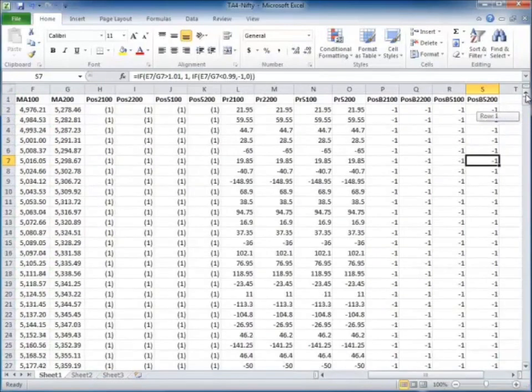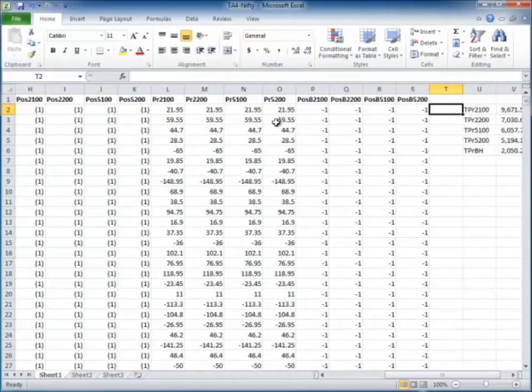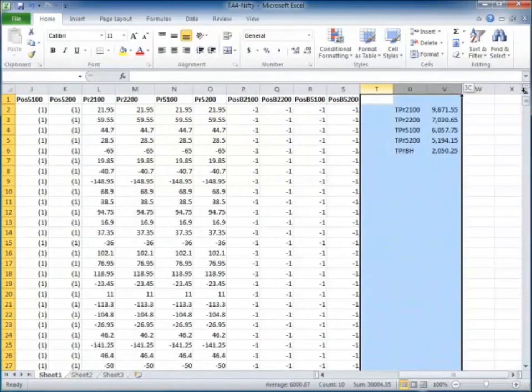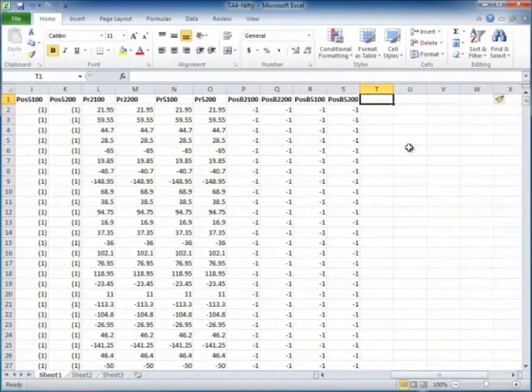So now we'll do the same thing as before. We'll calculate the profit from each of these. I need 4 more columns. Okay, so I'm going to call this PRB2100.